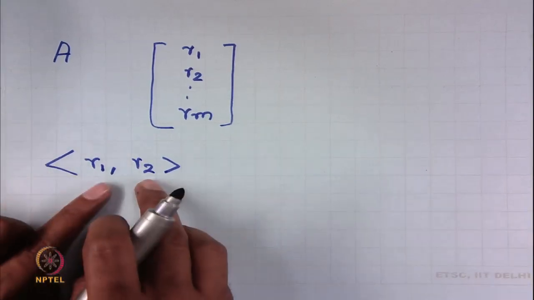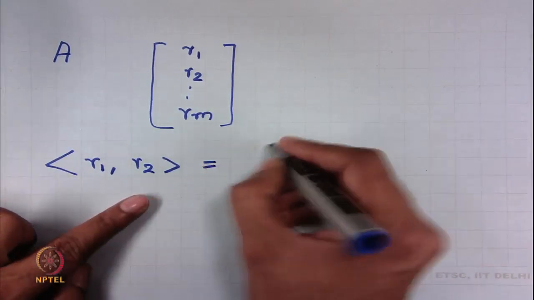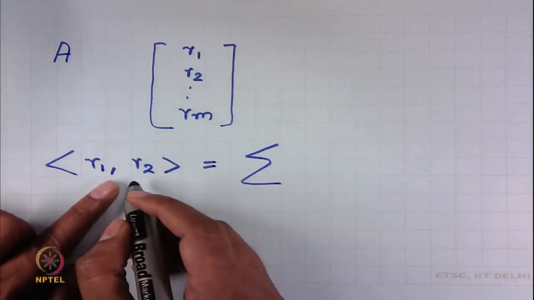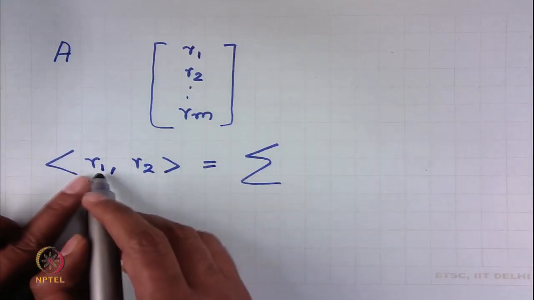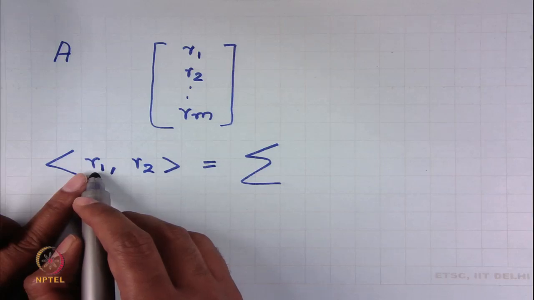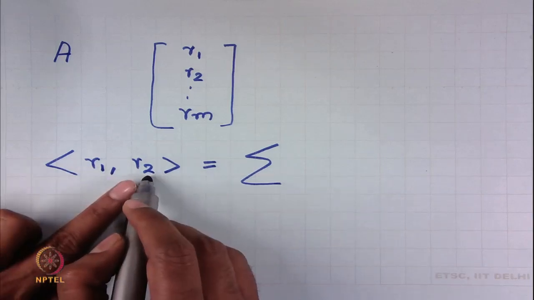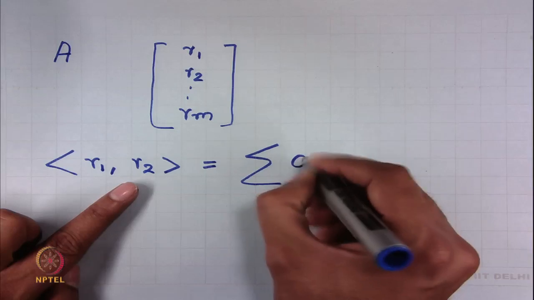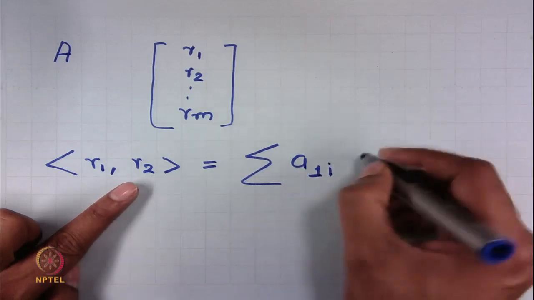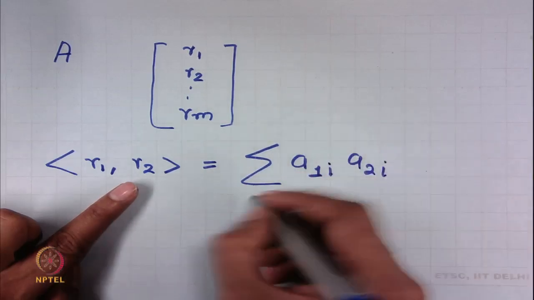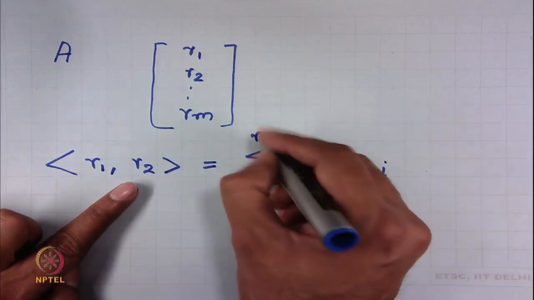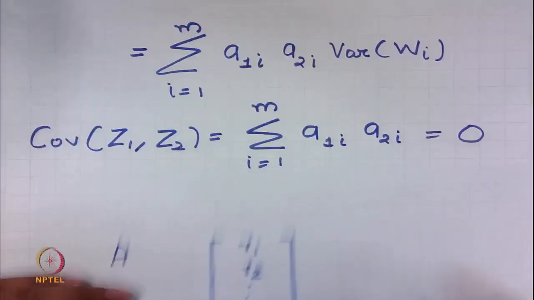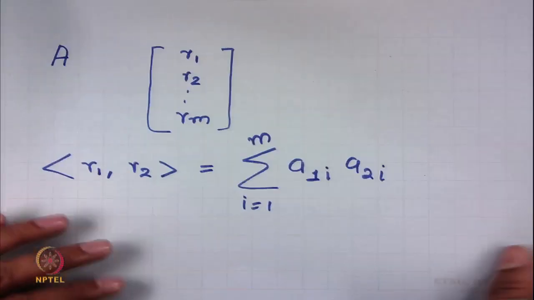And what is the inner product of row 1 with row 2? It can be obtained by multiplying the elements of row 1 with the corresponding elements of row 2 and then summing this up. So, the inner product of row 1 with row 2 is exactly the same thing as we have derived before.